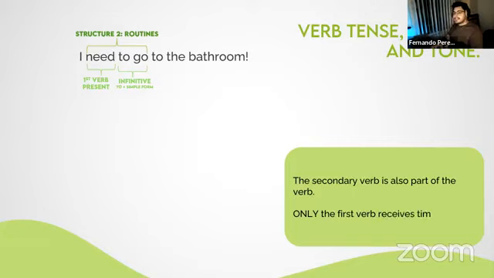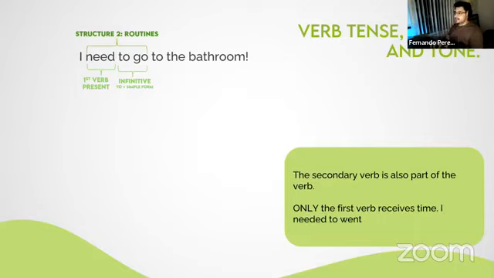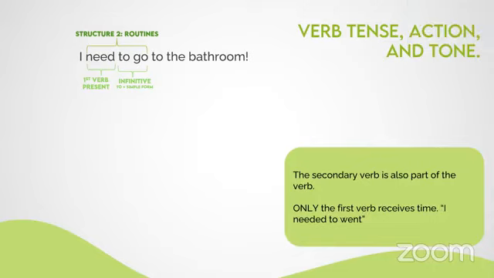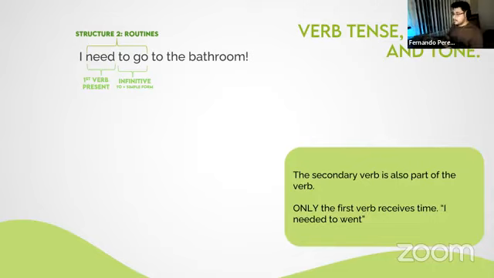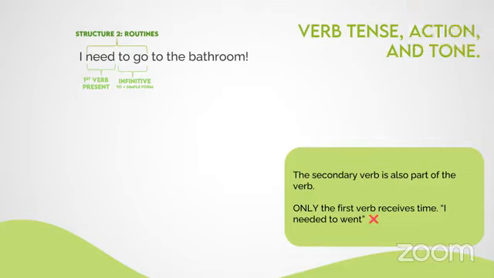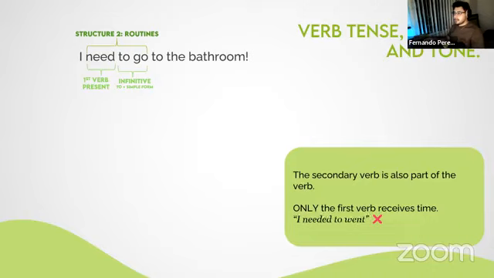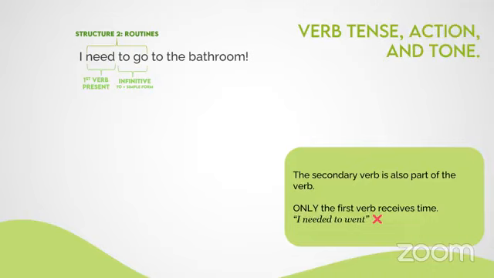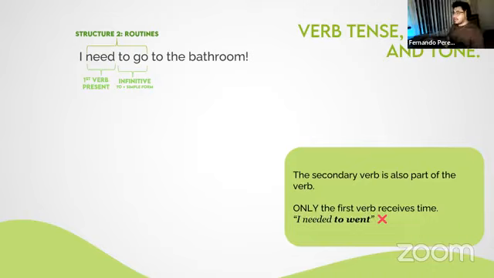Super important: only the first verb receives time. So you cannot say things like, I needed to went, you know? No. Why is this incorrect? Because the auxiliary in past is did.